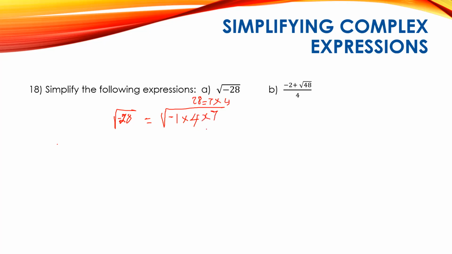That will be the square root of negative 1 times the square root of 4 times the square root of 7. The square root of 4 is 2. The square root of 7 stays the same, because 7 is not a perfect square. And times i. But I prefer 2i square root of 7.